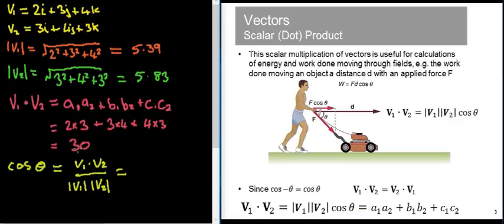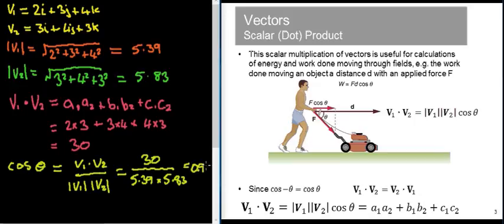And we know what the dot product is, 30, divided by 5.39 times 5.83. Let's write that down. 5.39 times 5.83. And that equals, we'll put it over here, 0.95.